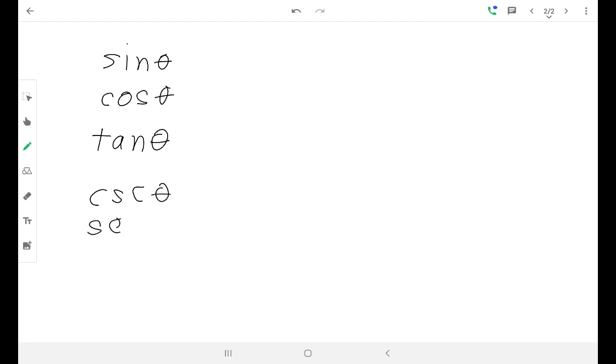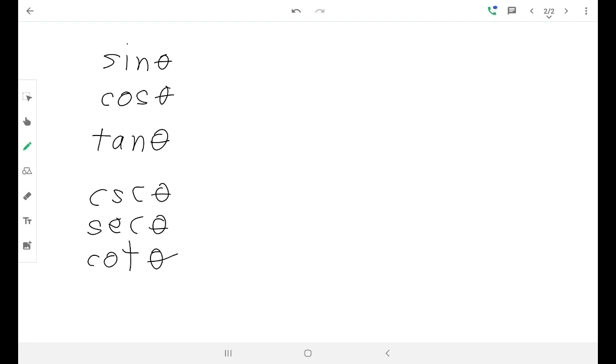We've got sine theta, cosine theta, tangent theta. Those are your three base trig functions, and then we've got three more: cosecant theta, secant theta, and cotangent theta.